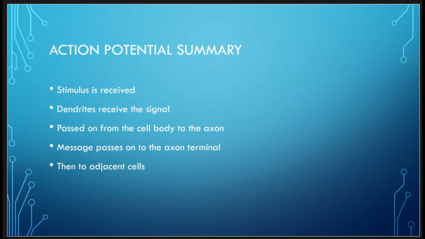That message continues down the axon to the axon terminal, and then it goes to all of the adjacent cells. These cells can be muscle cells, which will then cause you to contract your muscles. They could be more nerve cells sending a signal a little further along, or other cells within the body, providing that desired response.